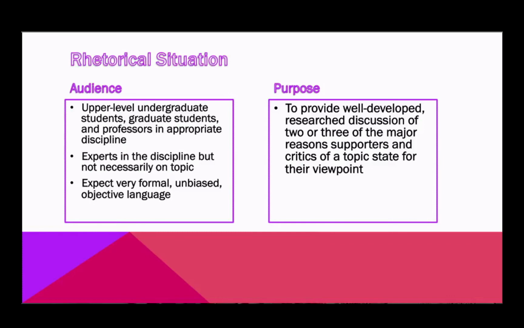And you want to discuss 2 or 3 of the major reasons that both supporters and critics of a topic state to support their viewpoint. The purpose is not to support one viewpoint over another. As a matter of fact, readers, myself included, should not be able to tell which side you endorse or even if you endorse one side or the other.